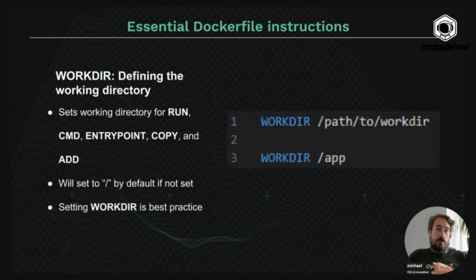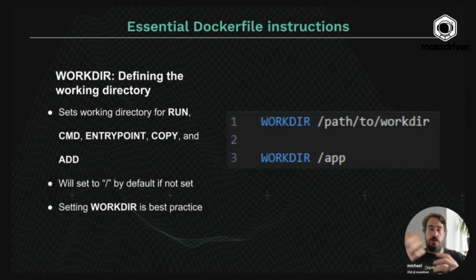Defining the working directory. The WORKDIR instruction sets the working directory for any RUN, CMD, ENTRYPOINT, COPY, and ADD instruction that follow it in the Dockerfile. If the specified directory doesn't exist, Docker will create it automatically.